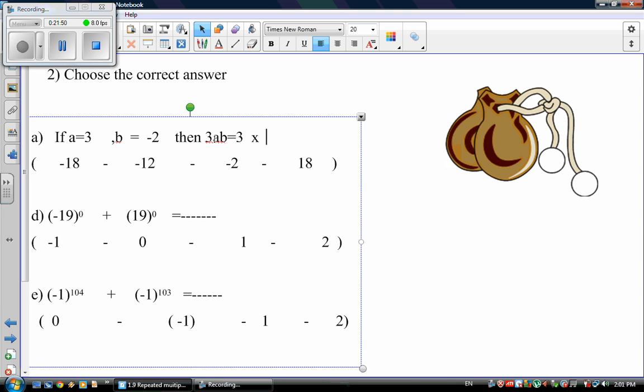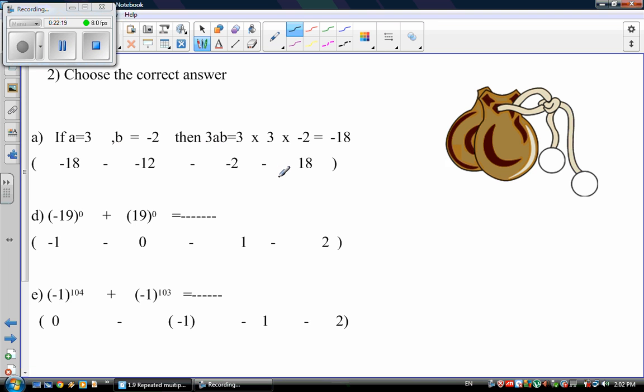So instead of A, we put 3. And it's multiplied by B. Instead of B, we put negative 2. Substitute. So we are going to multiply 3 times 3 is 9. 9 times negative 2 will be negative 18. So this is the correct answer.